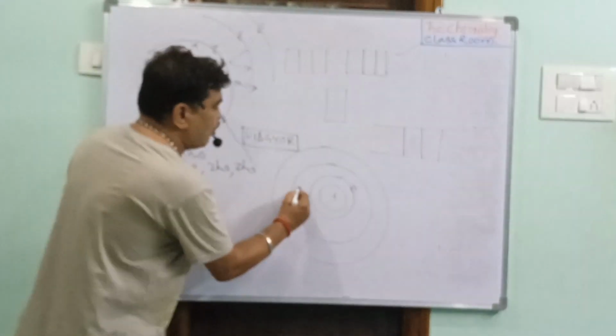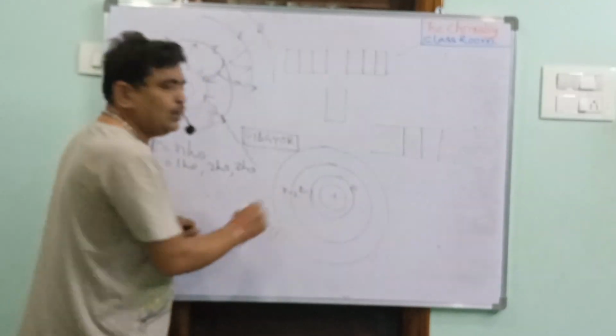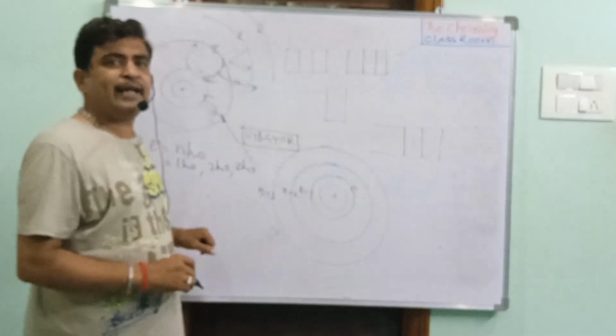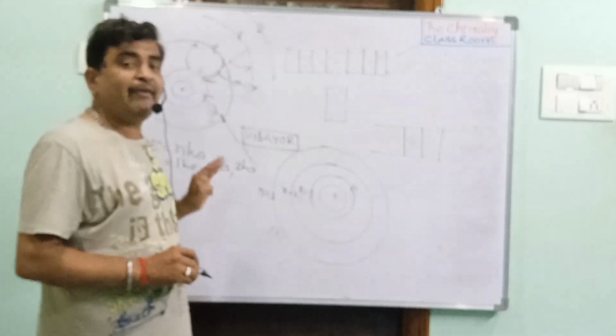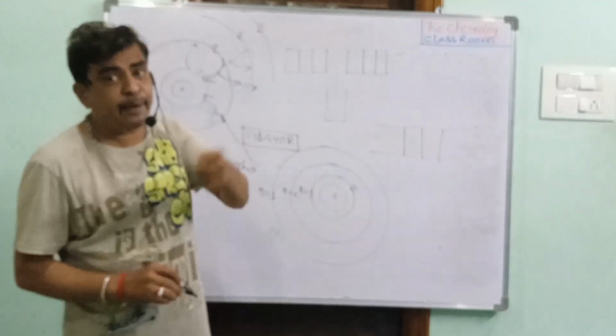So here n equal to 1 is the first energy level, n equal to 2 is the second energy level, n equal to 3 is the third energy level. Like that we have so many different energy levels. The circular paths are also called orbits.